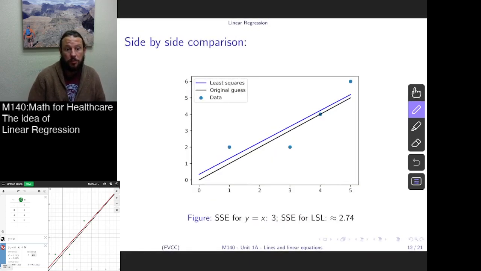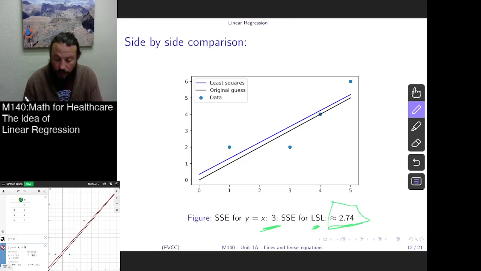All right, again, here's another picture of the side-by-side comparison up front, and we see that the sum of the squared errors for y equal to x is 3, whereas the sum of the squared errors for the least squares line is 2.74. Okay, so a slightly better fit.